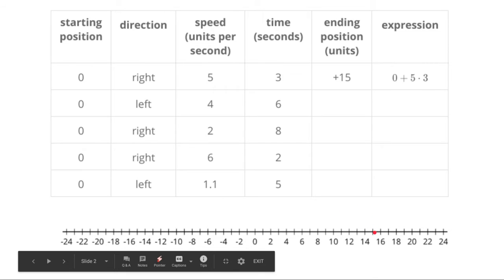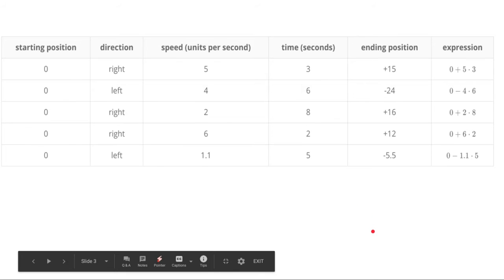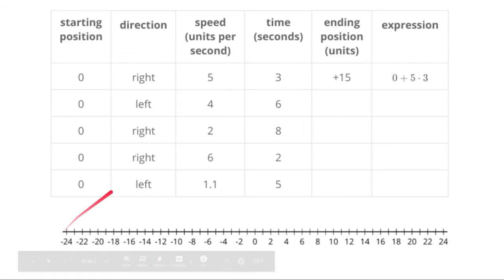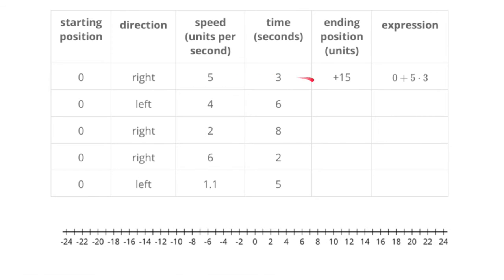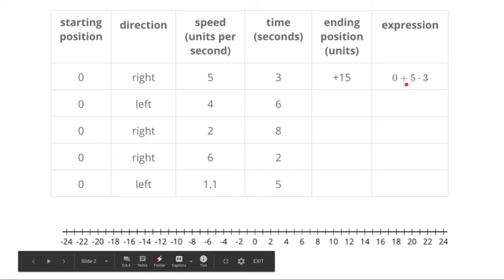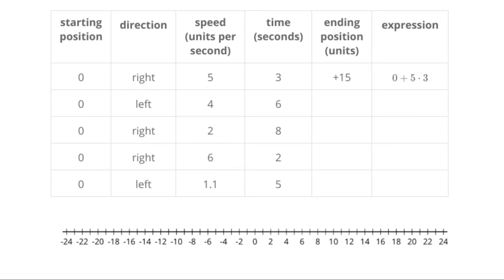And then we'll end up at 15, that's 3 seconds. So we have 5 as our speed, 3 as our time. Our ending position will be at 15 units. And the expression that you can write for that is 0 plus 5 times 3.